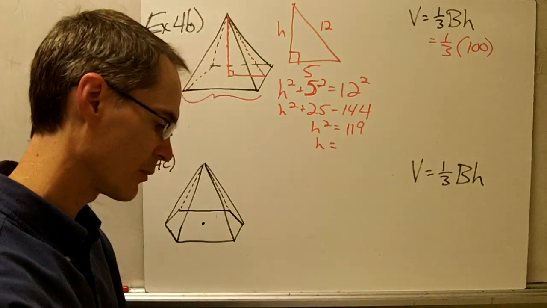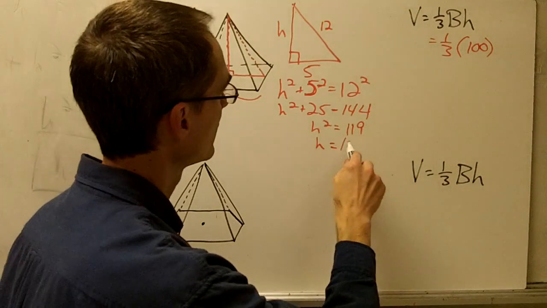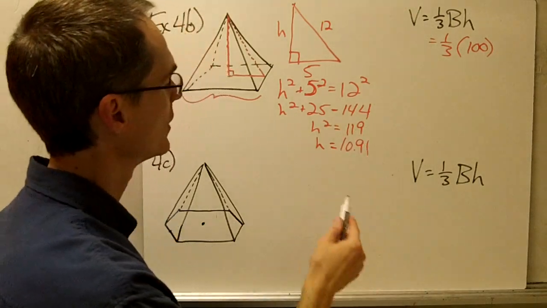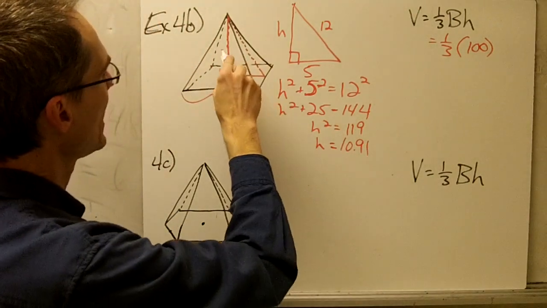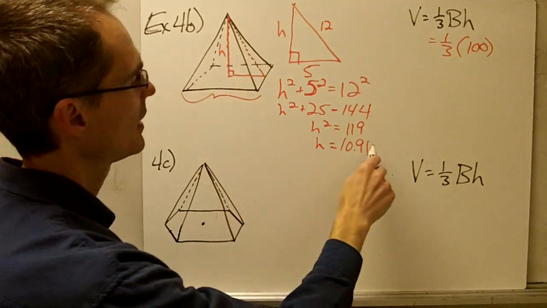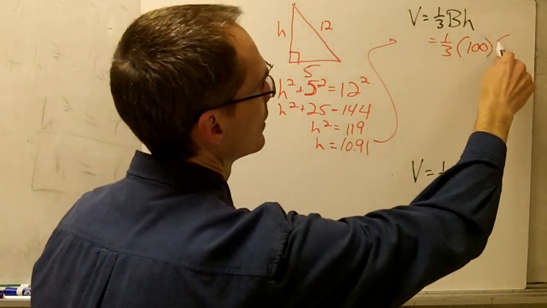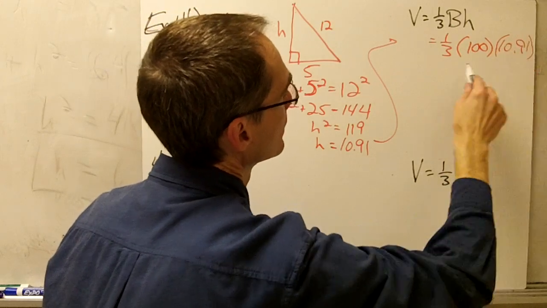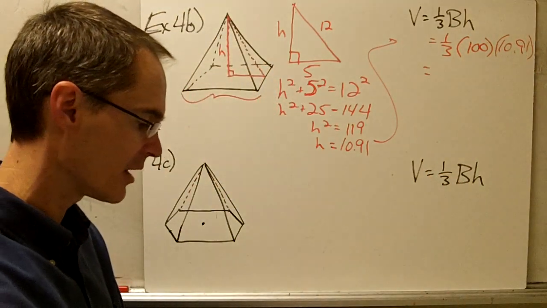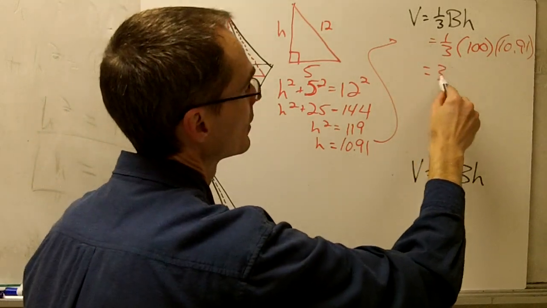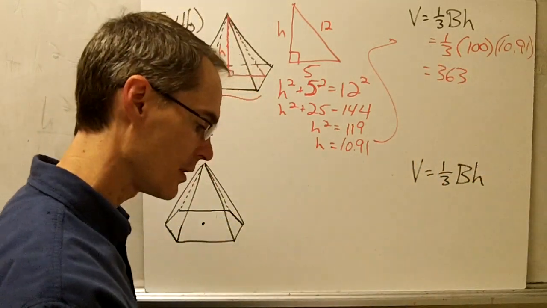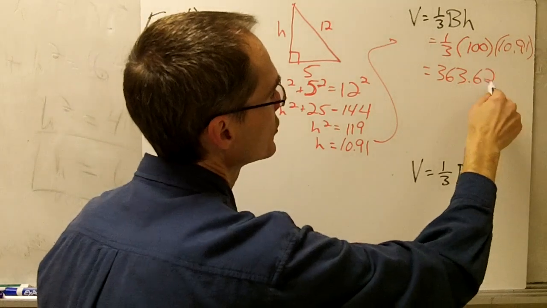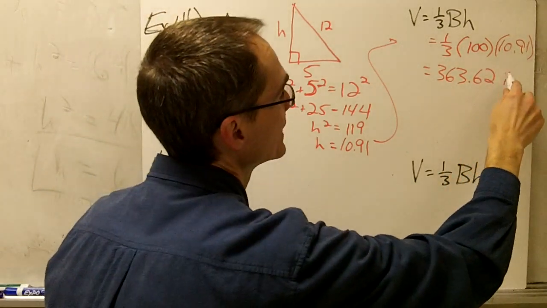So h equals the square root of 119, which is 10.91. So now I know h, which is the height of my pyramid, and I can plug that in here, 10.91. And now I can calculate the volume of my pyramid, which is 363.62, and this is in cubic inches.